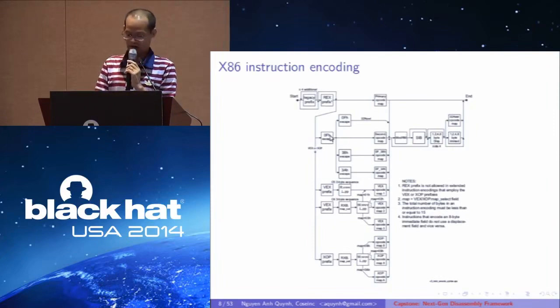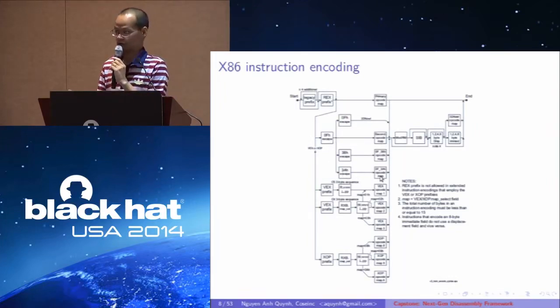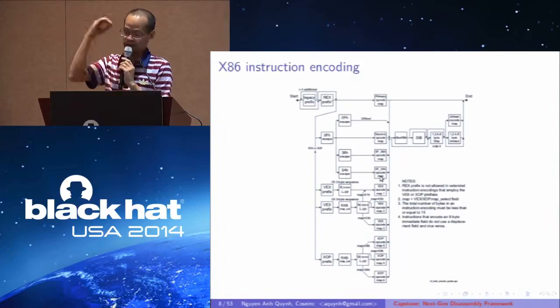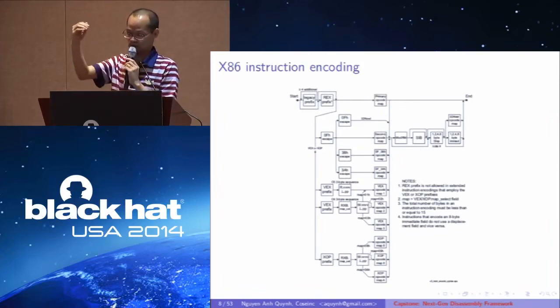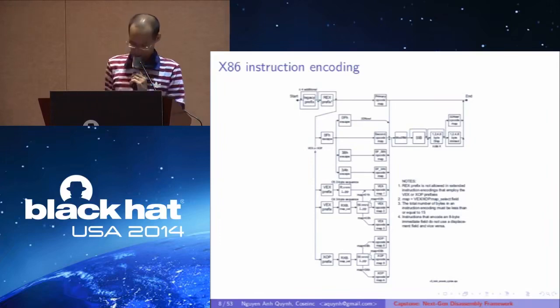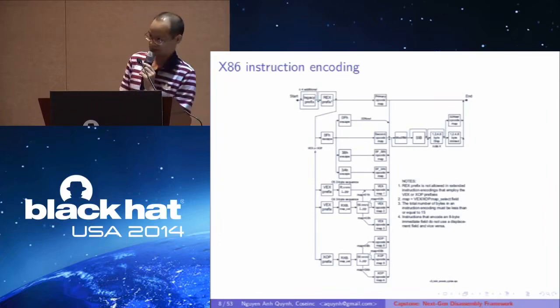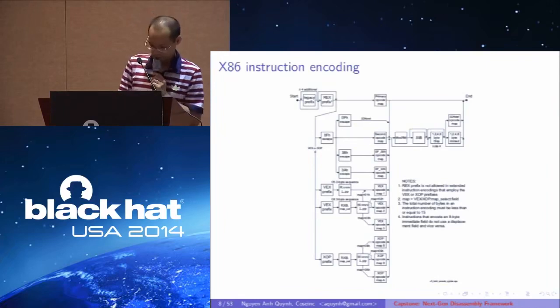If the first byte is 0F and the second byte is 38, that's another opcode map. If the first 2 bytes are 0F and 3A, that's another opcode map. So there are many opcode maps, and depending on the value of the bytes at the front, you look at a different opcode map to decode the instruction. So you can see that x86 is very, very complicated.